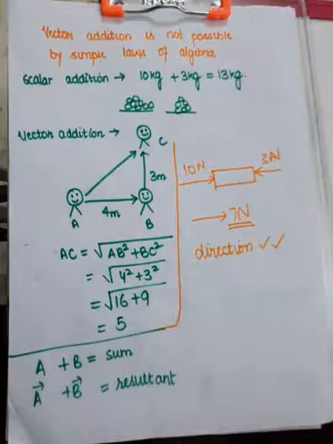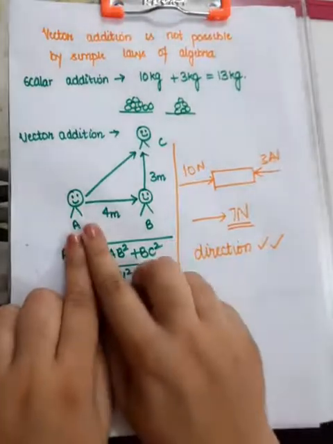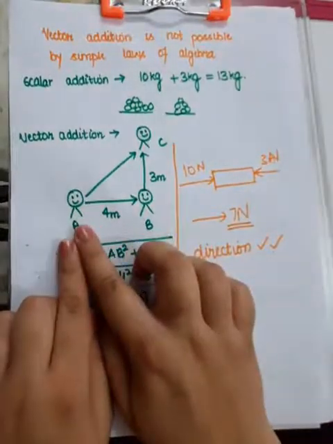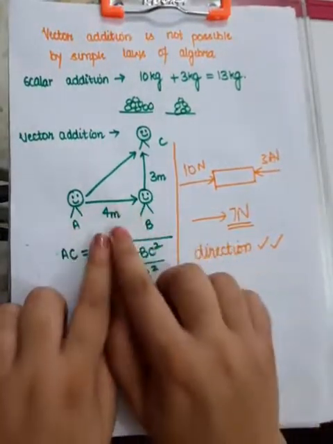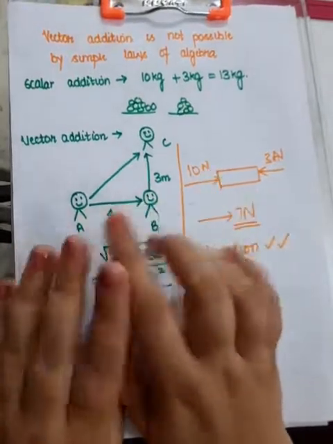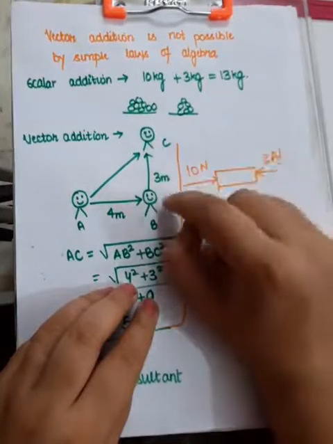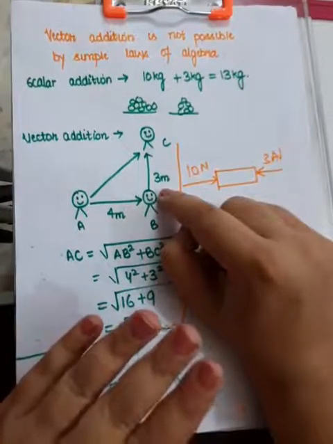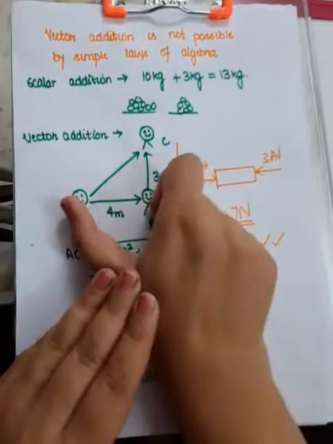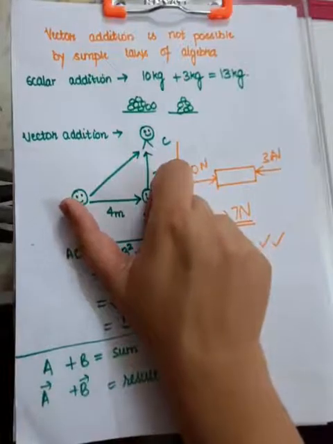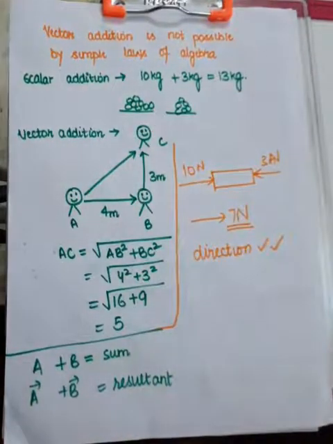You know that displacement is a vector quantity, right? So suppose there's a person who is going from point A to B and he travels 4 meters. And from point B to C, he goes 3 meters. So this was his first displacement AB, and the next displacement is BC.